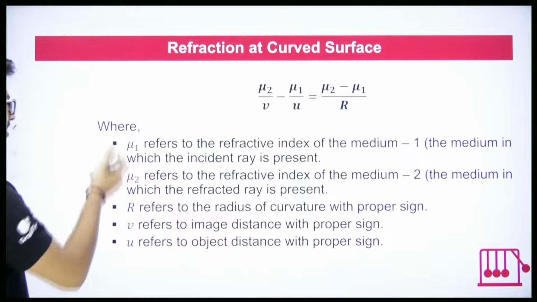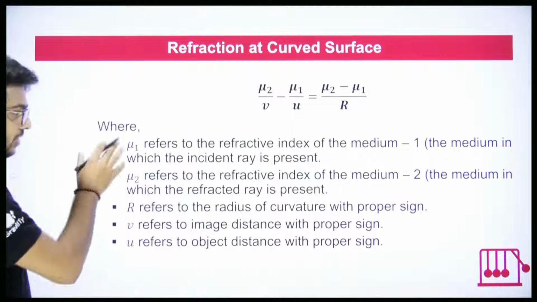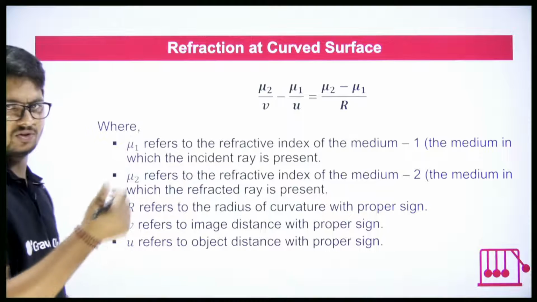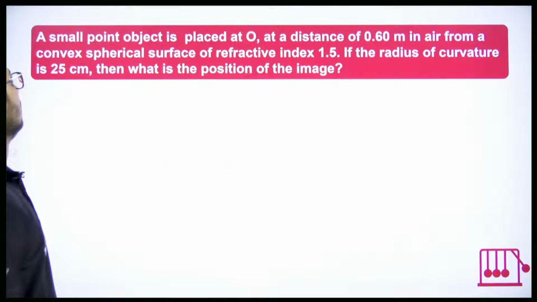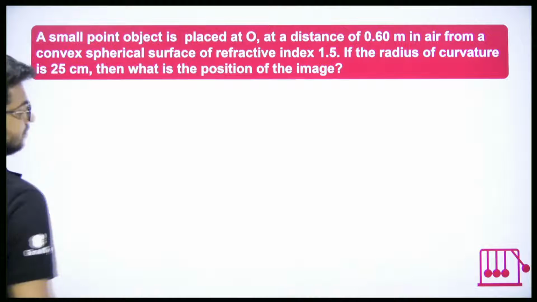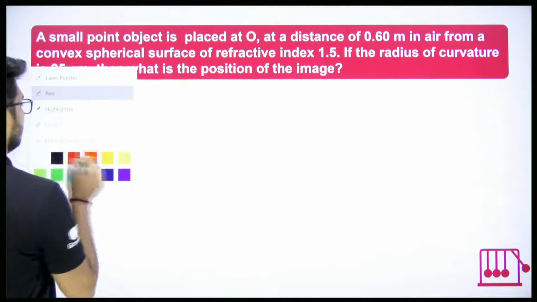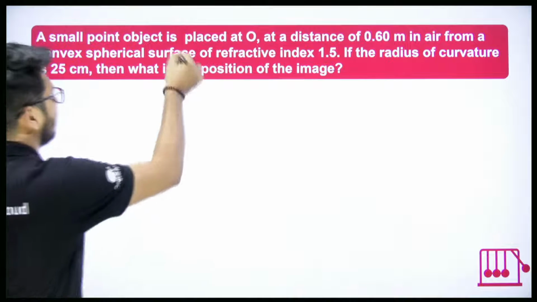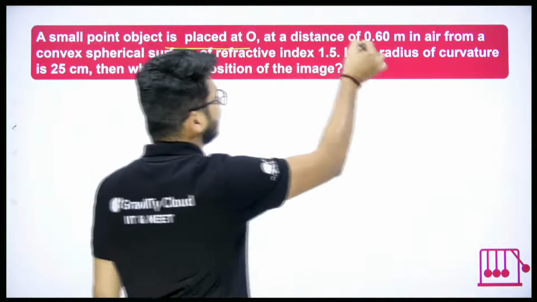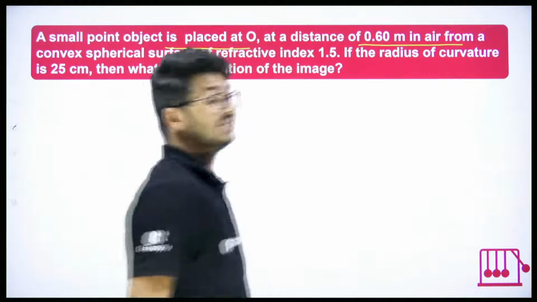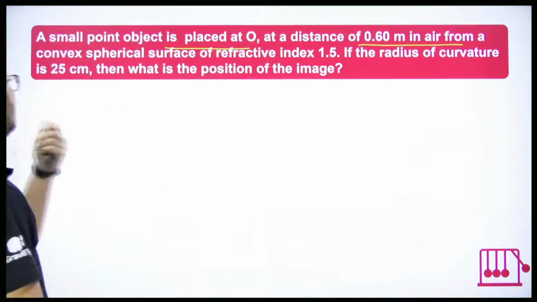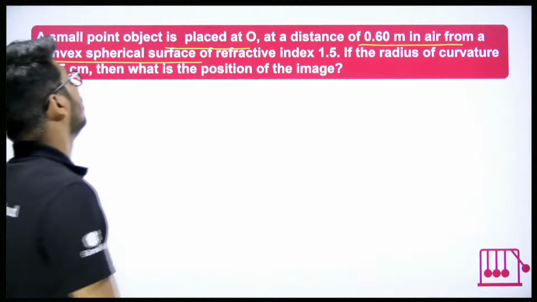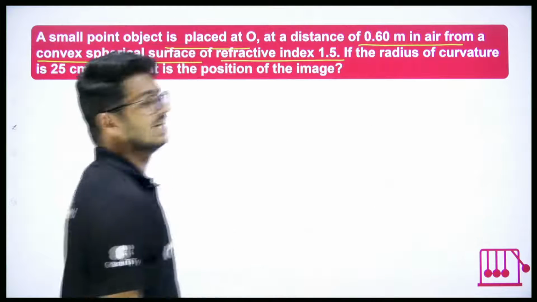Every point that we discussed, what mu1, mu2, r, v, and u are, is clearly given, that's for your reference. Now I'll go into a simple question here. A small point object is placed at O at a distance of 0.60 meter in air from a convex spherical surface of refractive index 1.5.